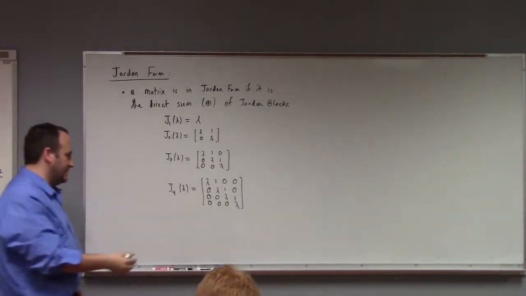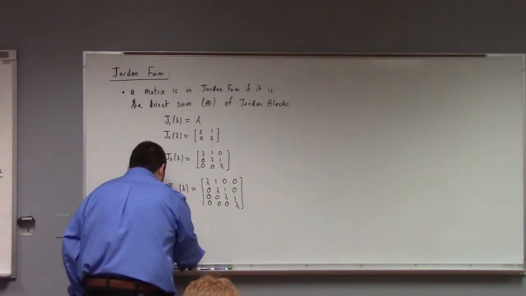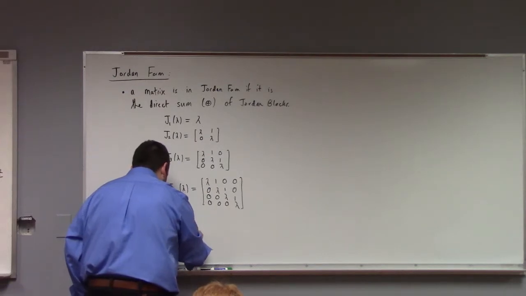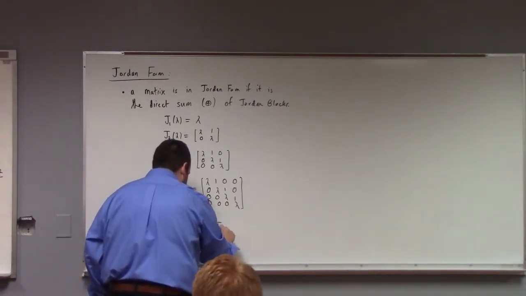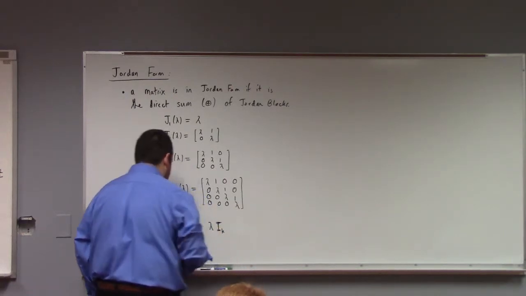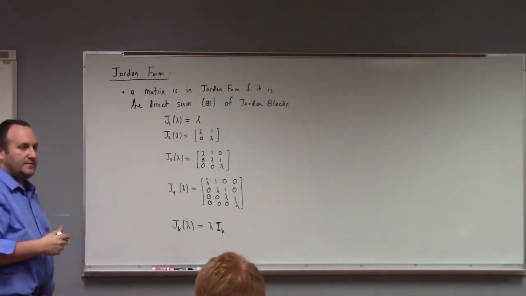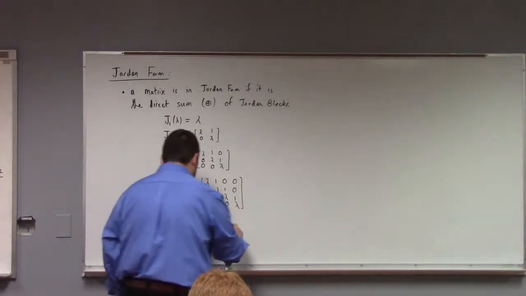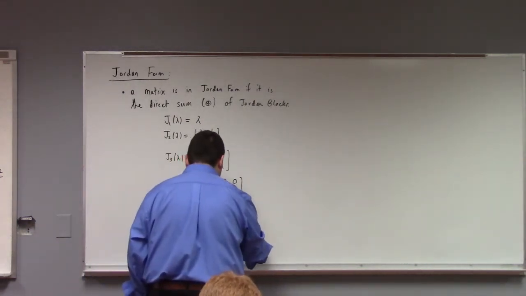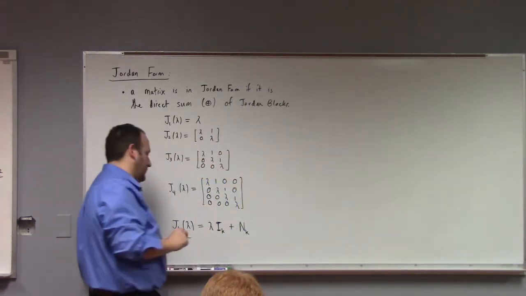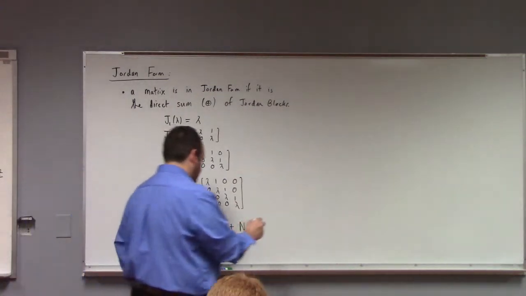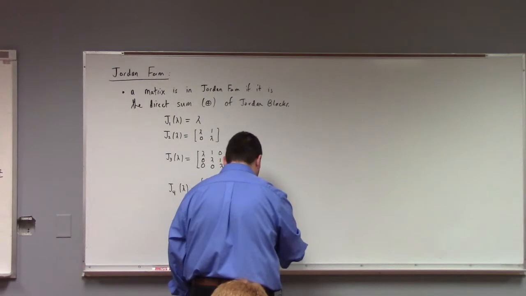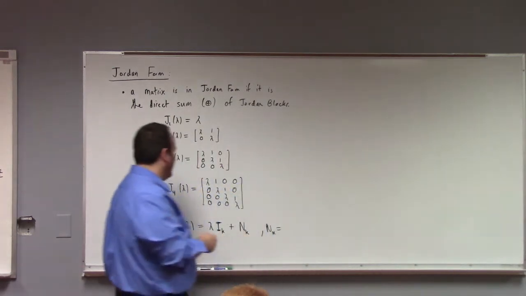So generically speaking, J_k of lambda would be lambda times the k by k identity plus what I would call N sub k. Where what is N sub k? Can you see the pattern?